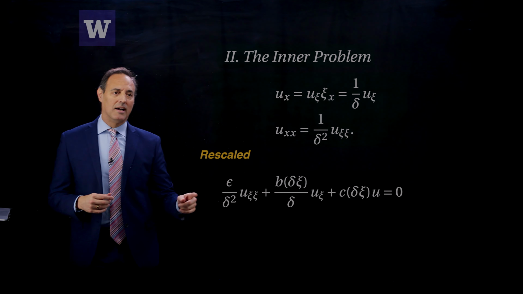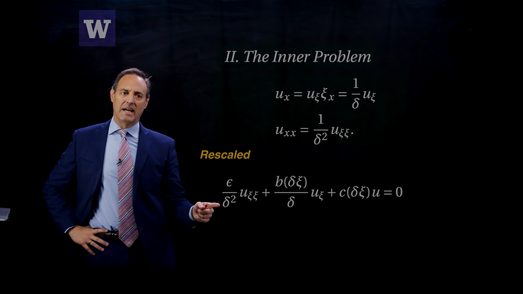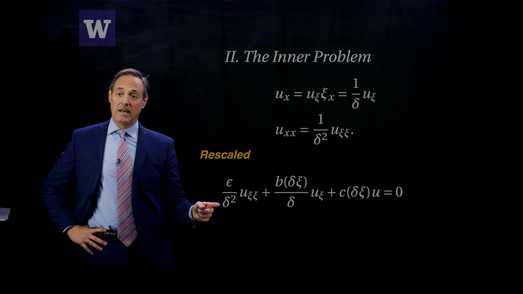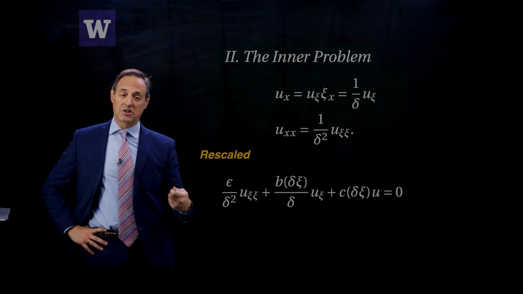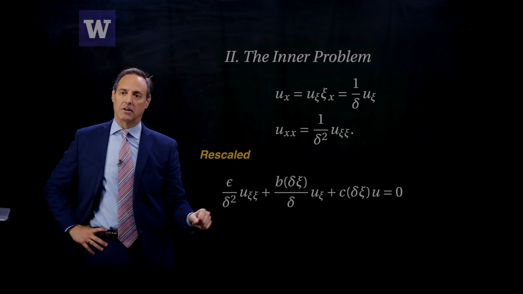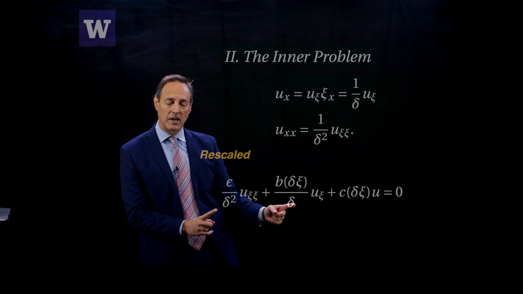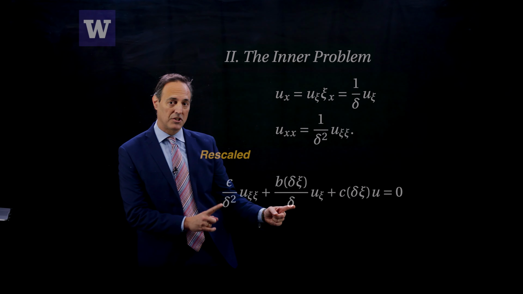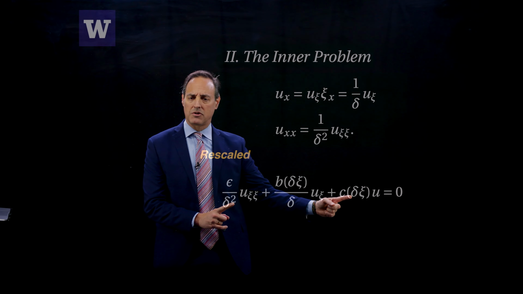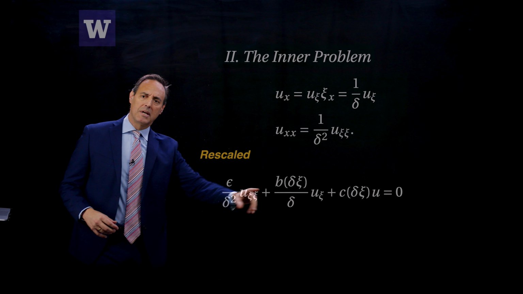So if you look at what you have here, this is going to be divided by a delta squared. So if delta is really much smaller than everything, this 1 over delta squared is going to make this term here bigger than everything else in here. In fact, if you compare these two terms, this has a 1 over delta squared. This is going to be much, much bigger because delta is so small, and it's way bigger than that term there. So this term here is going to dominate over the others.